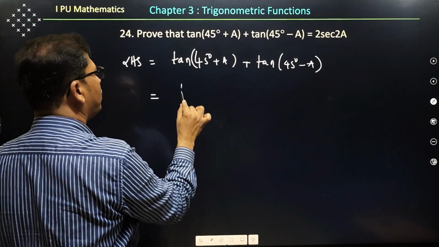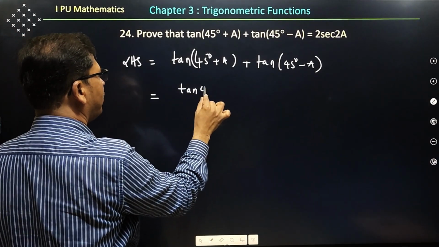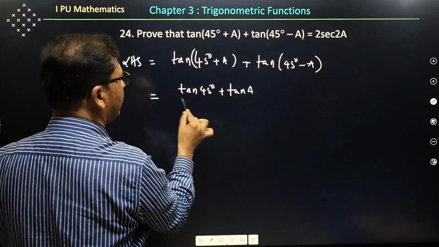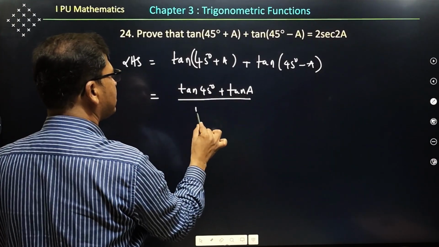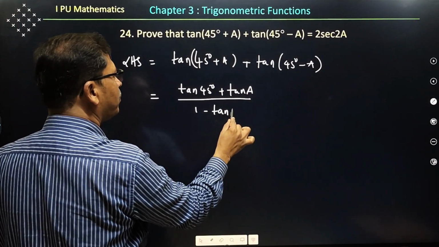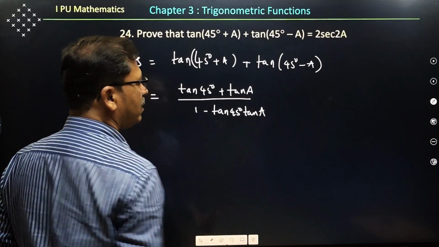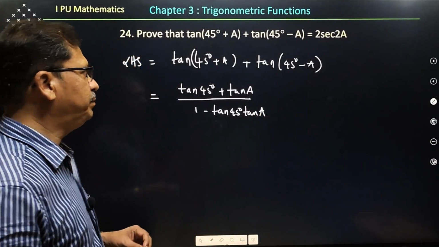Tan of A plus B is equal to tan A, that is tan 45, plus tan B, that is tan A, divided by 1 minus tan 45, that is tan A into tan B. Tan B means, in this case it is tan A itself.